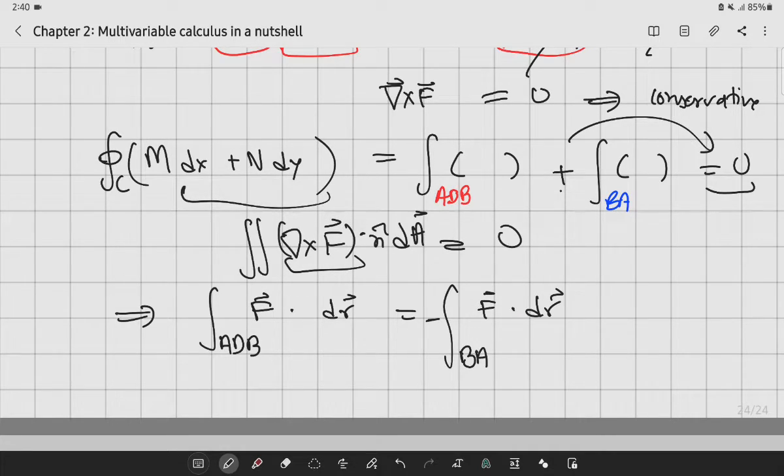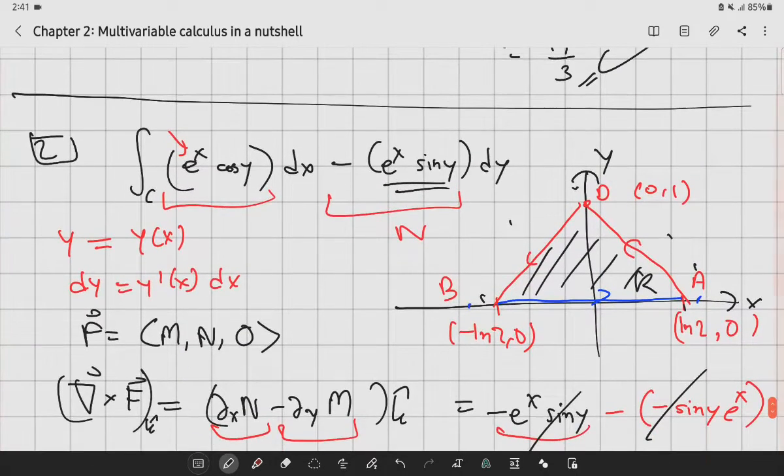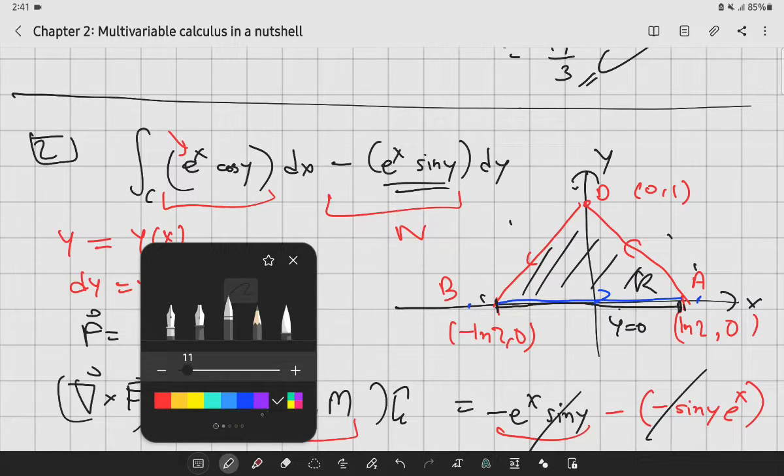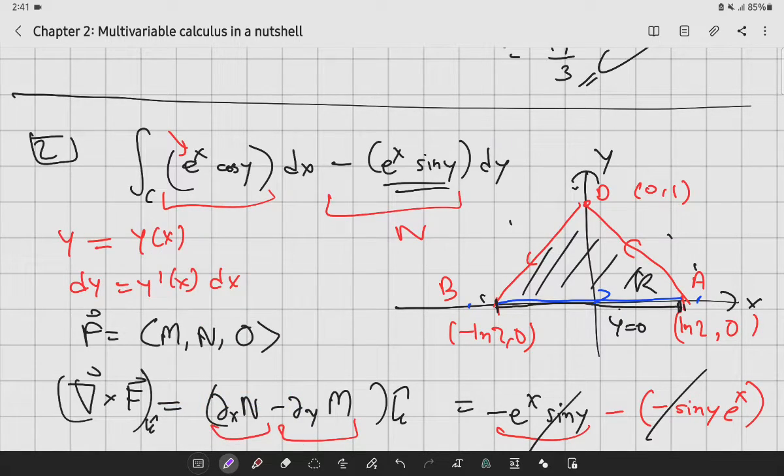Now this is a much simpler integral. I'll tell you why. Because you see that this is along the x-axis and y is constant here. I mean, y is equal to 0 in this case. If y is not changing, what can you tell? You can tell that dy is 0 because y is constant. And if y is 0, sine 0 is 0, cosine 0 is 1.